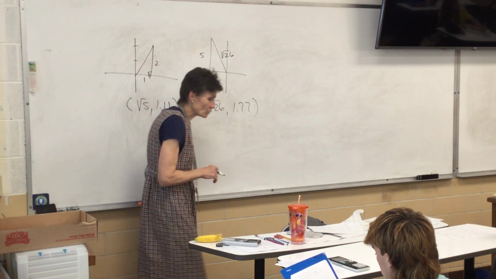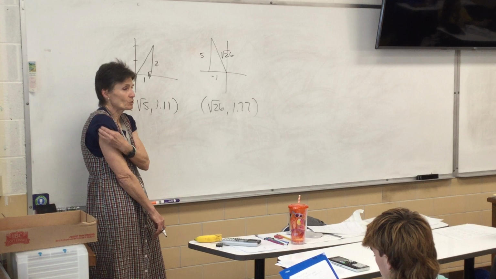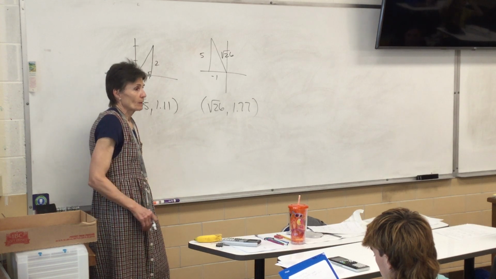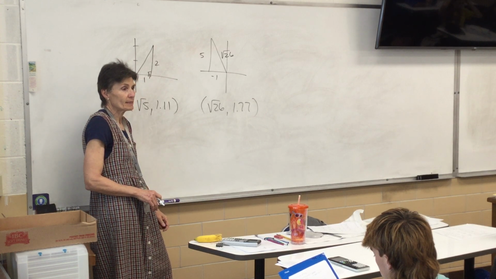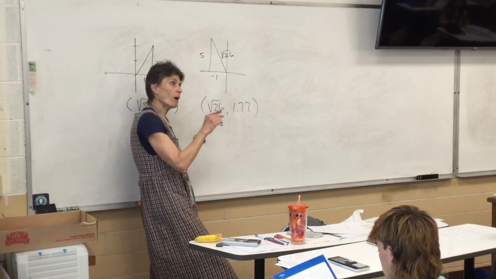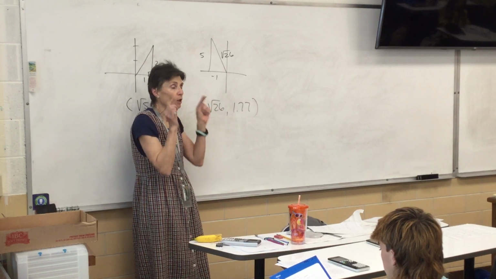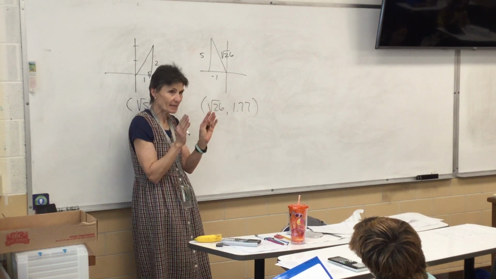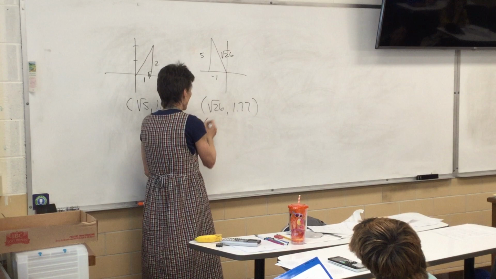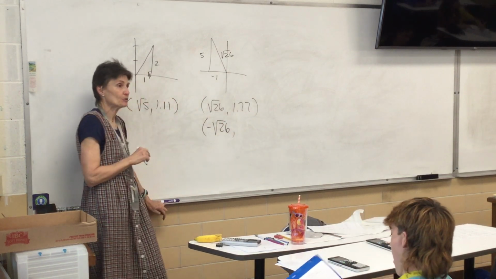Now, look at the directions though. My theta's okay, but what's wrong? r is supposed to be negative. Now, when you do the problem, r will never turn out negative. r will always be positive in the beginning. You have to artificially make it negative. And we talked about how to do that.